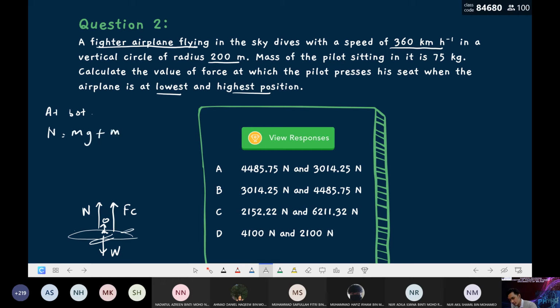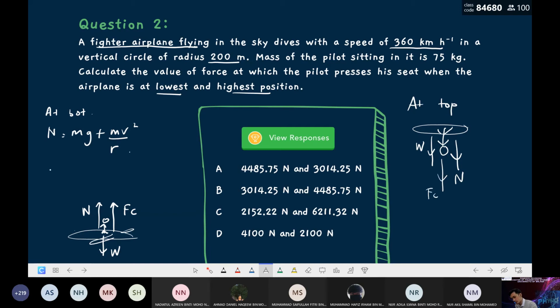FC is mv square over r. Okay, but for at the top, dia dah jadi terbalik, maksudnya orang tu dah ke bawah macam tu. Jadi the normal is this direction and the weight is in this direction. Okay, sekejap. The weight is in this direction, and then kita punya FC also in this direction.